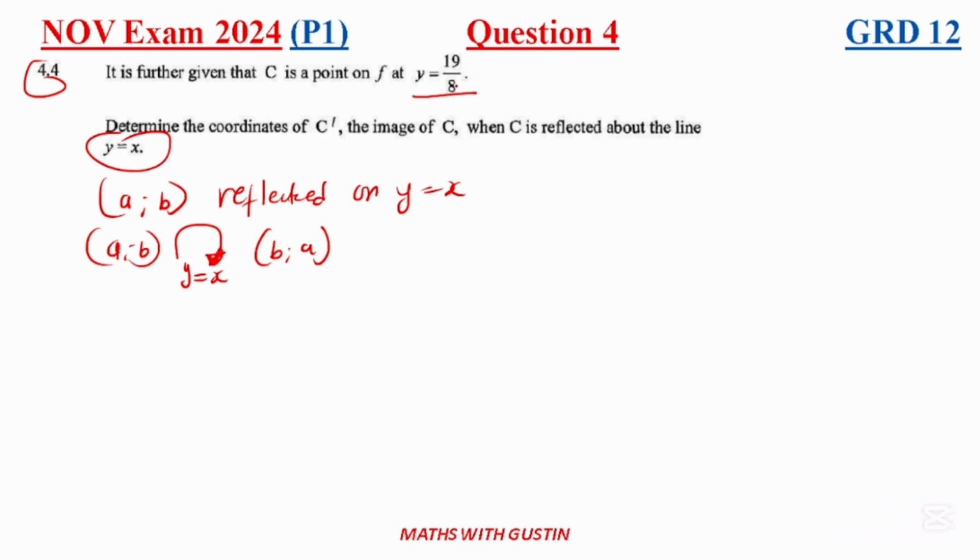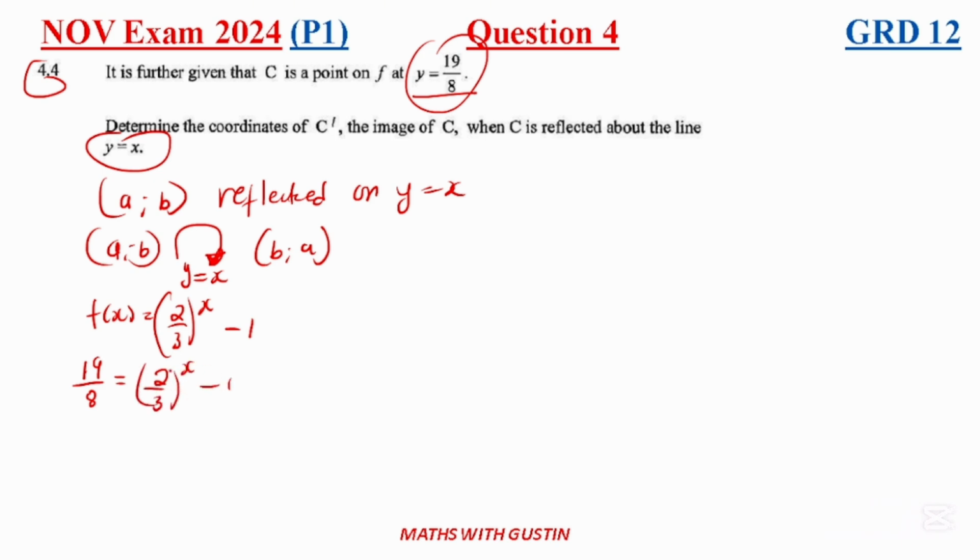Let's check first what the x value is when y is equal to that. You still remember our function here. It is given by 2 over 3 to the power of x, minus 1. They are saying our y value is 19 over 8. So 19 over 8 is equal to (2 over 3) to the power of x, minus 1.